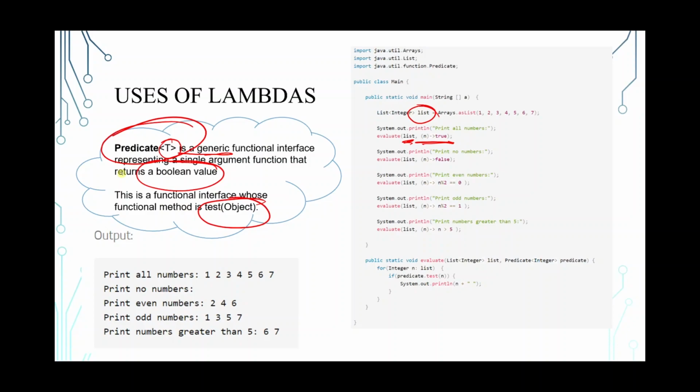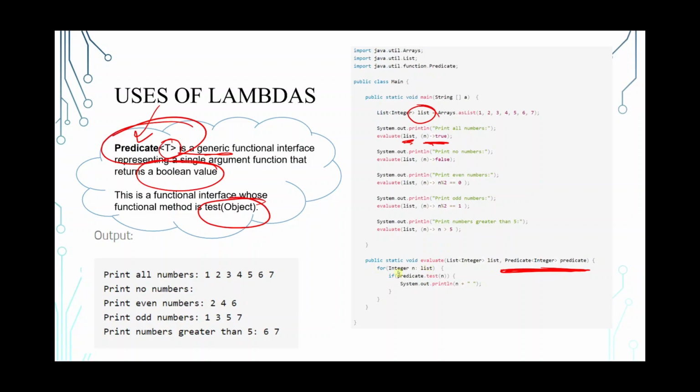So we are going to use it this way. You give it a predicate, and this predicate is going to be represented by your lambda expression. Lambda expression, we said, can be used for functional interfaces. So this functional interface needs a Boolean expression, and we are giving it a Boolean expression.